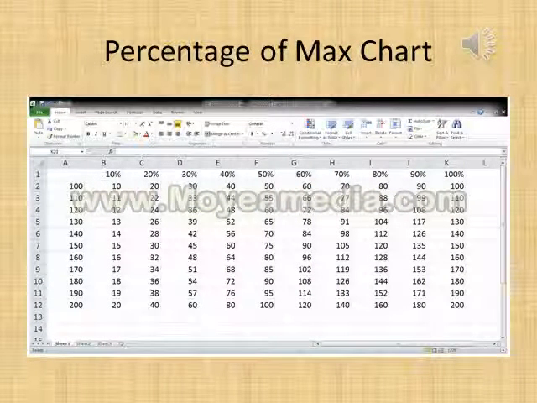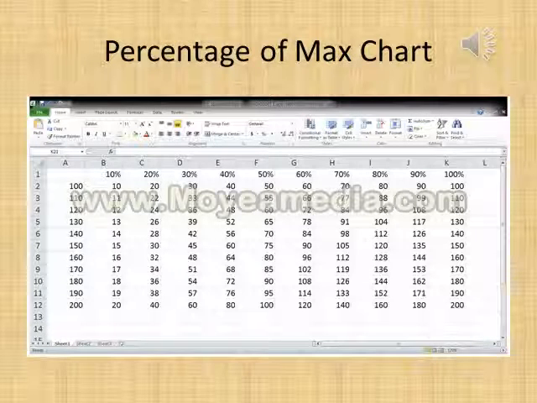Given that most students aren't good enough at math off the top of their head to figure out what 6 reps at 70% of their bench press max might mean, let's say that their max bench press is 180 pounds.